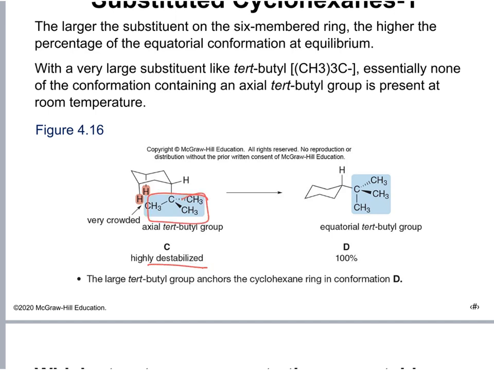Tert-butyl is so highly destabilized, you're not going to find it in this very crowded axial position. So it's going to want to be equatorial. So when this bond rotates, those methyls can rotate because they're rotating as well. And they're not going to interact with these 1,3 diaxial hydrogens. So look, that's 100% confirmation.